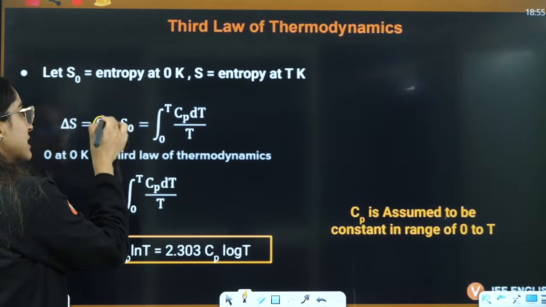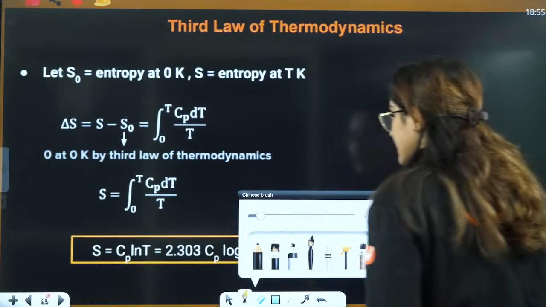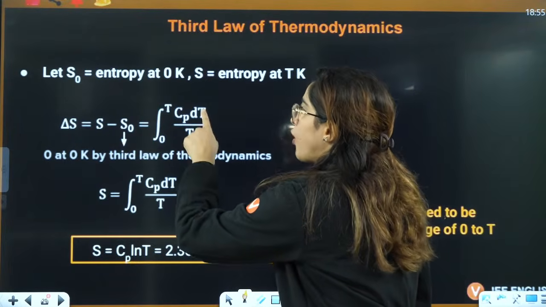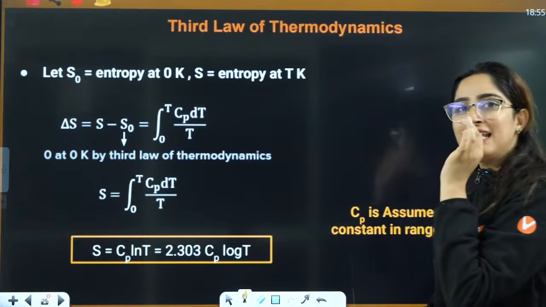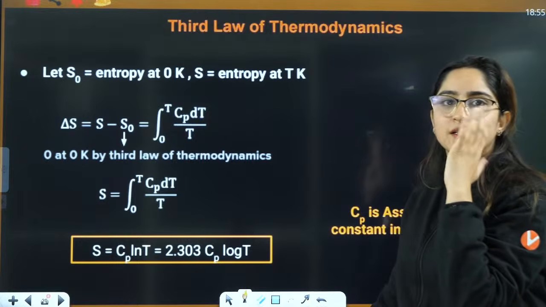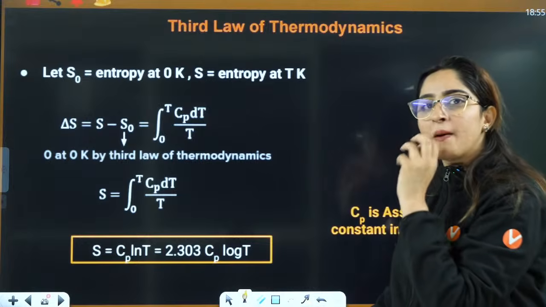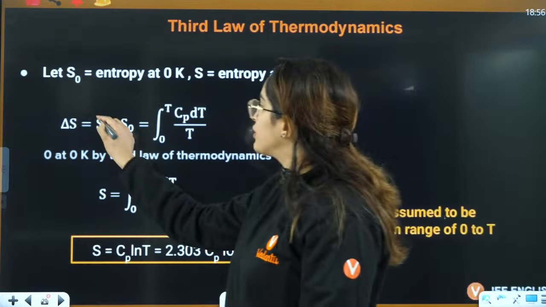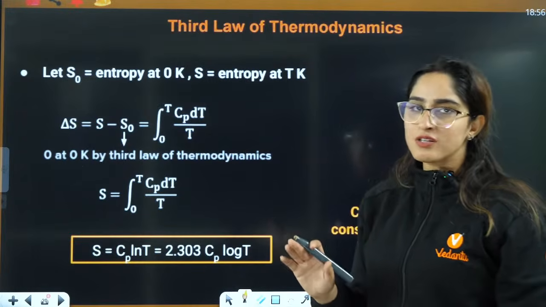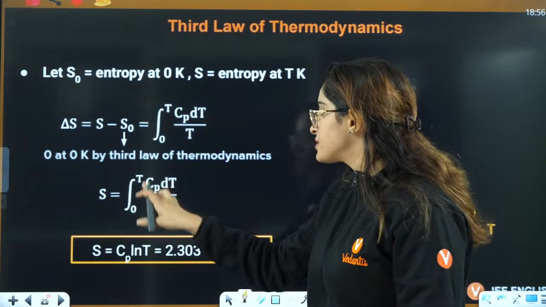And what is this S here in terms of T? That is going to be Cp dT by T, where Cp is the heat capacity at constant pressure. Then you solve it from 0 to T Kelvin.